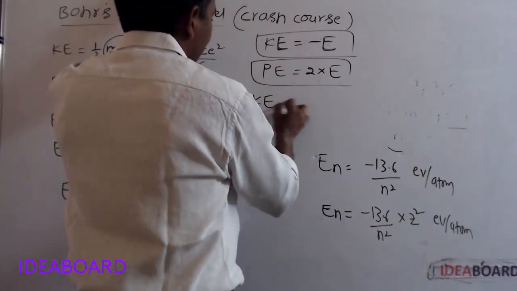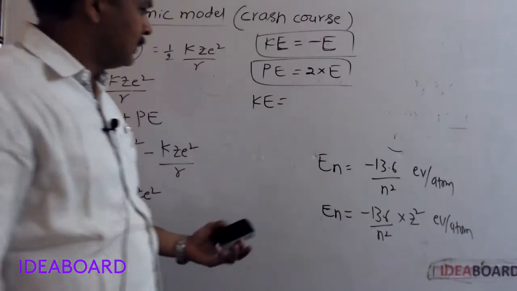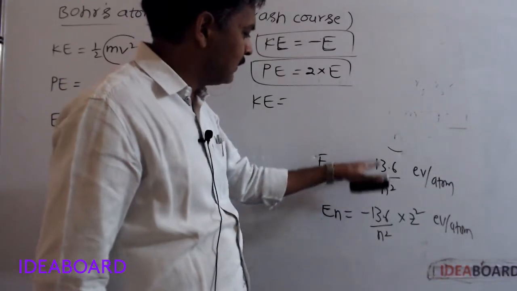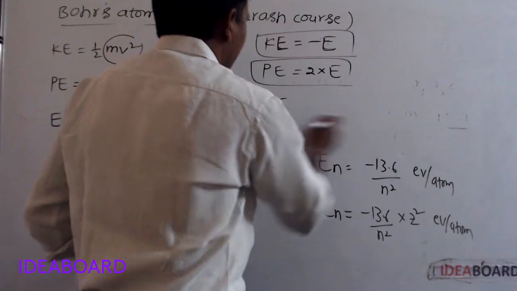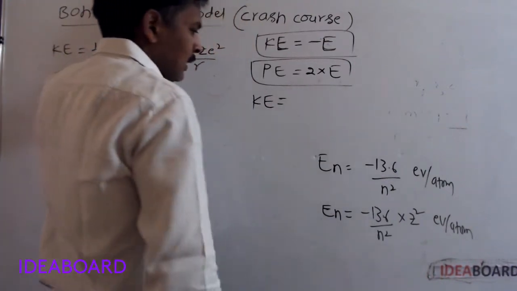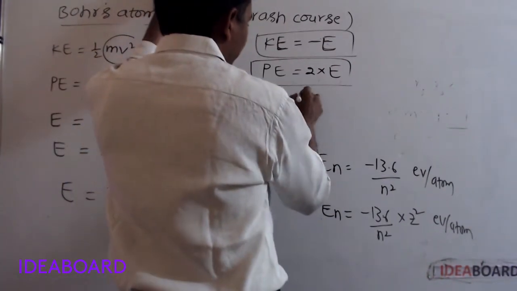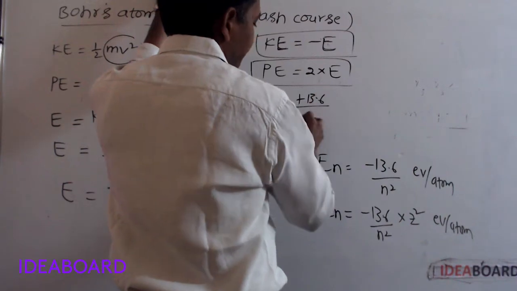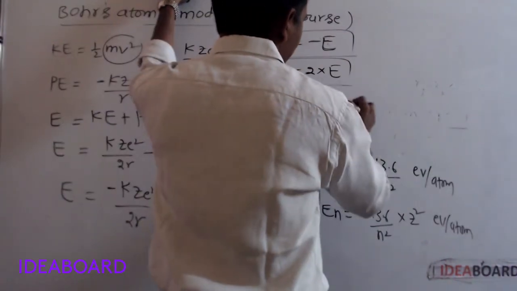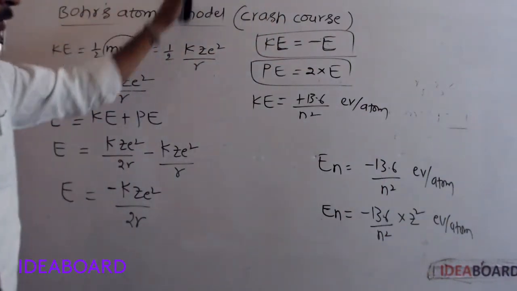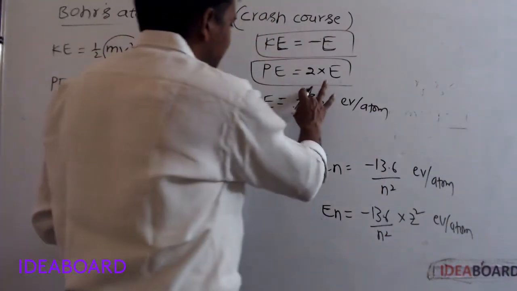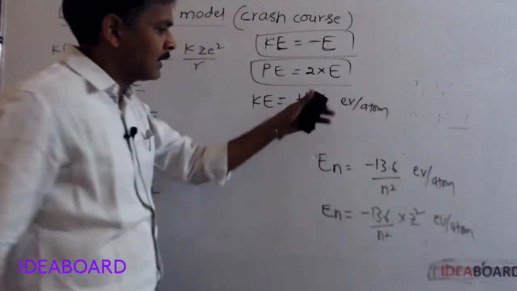By putting all the values we will get this value in electron volts per atom. Kinetic energy is plus 13.6 by n square electron volts per atom.